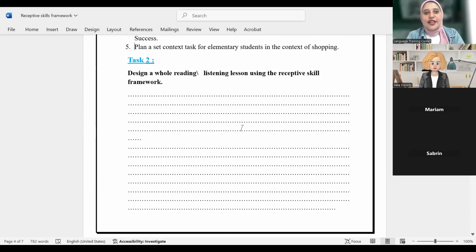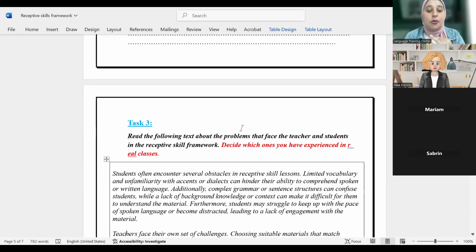So now, my friends, after knowing the stages for the receptive skills, the procedures, the aims, and the timing, and how to plan, now let's go for the problems that may face the teacher and the students in the receptive skill framework.